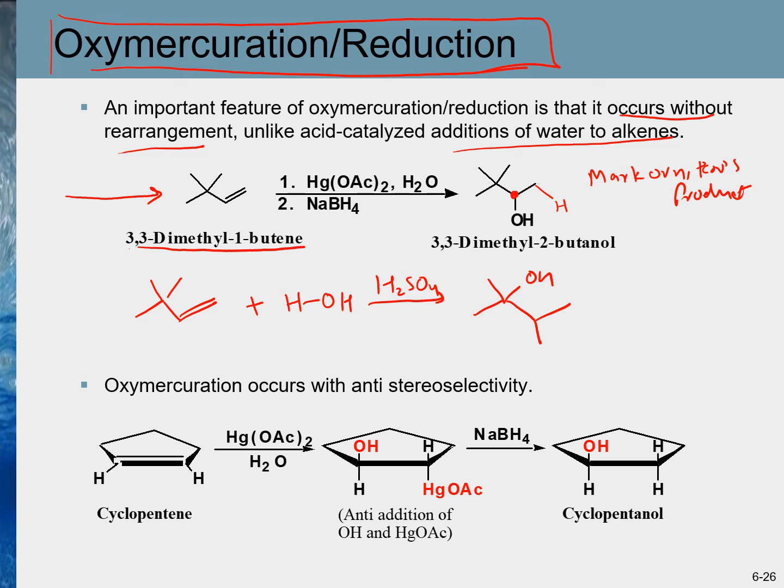This reaction occurs with anti-stereoselectivity. So that is, if we perform oxymercuration reaction to cycloalkenes, the OH group will be added on one side and hydrogen will be added on the opposite side.